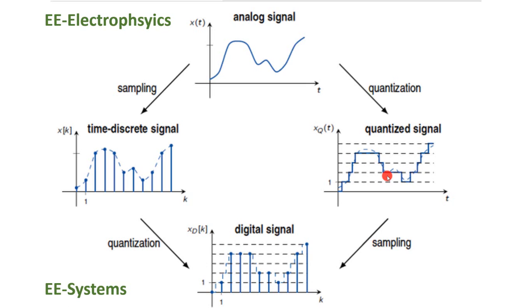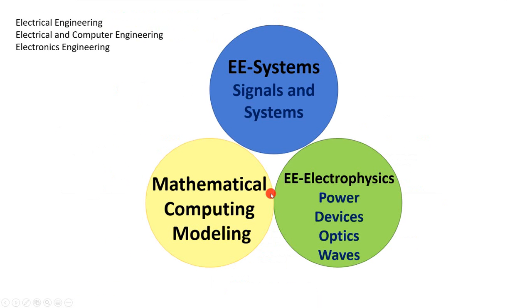So from another aspect, electrophysics deal with the power and the signal, and it is analog signal. And EE system deal more with the digital signals. These signals are quantized and actually being able to fit into the computer. So basically electrophysics and the system, they divided by the power and information, two different branches.